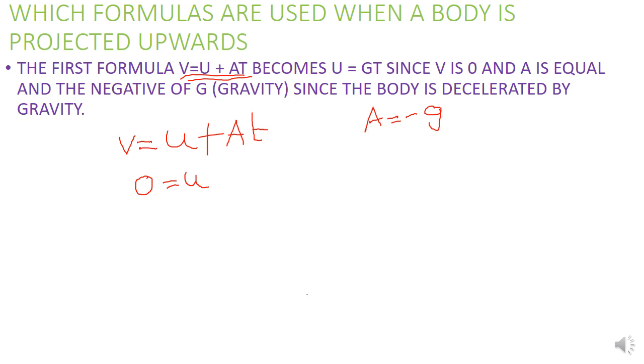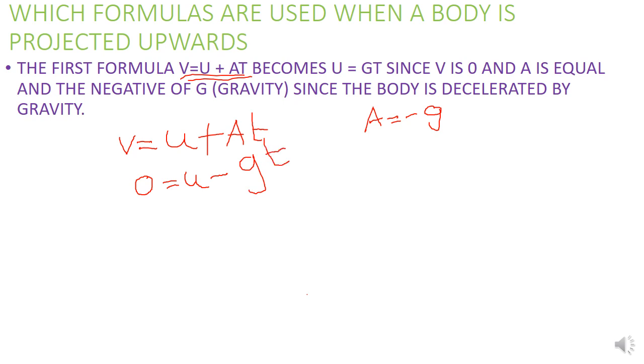Since this thing acts against gravity, that is, it opposes gravity. Gravity makes things fall down, but this thing is going up. So since it is acting against gravity, that means V, which is 0, will be equal to U minus gt.